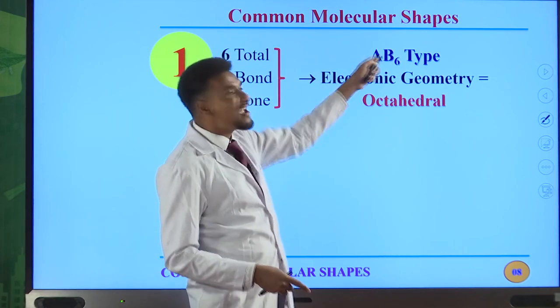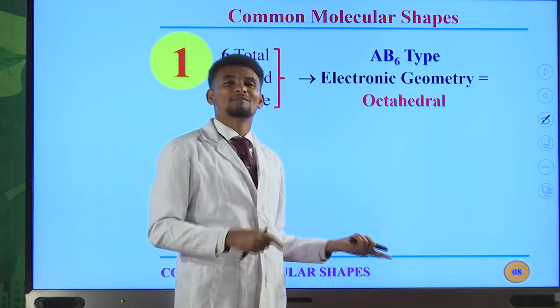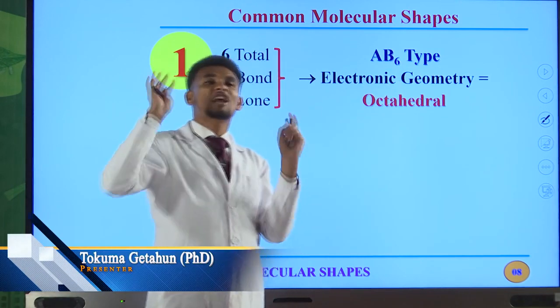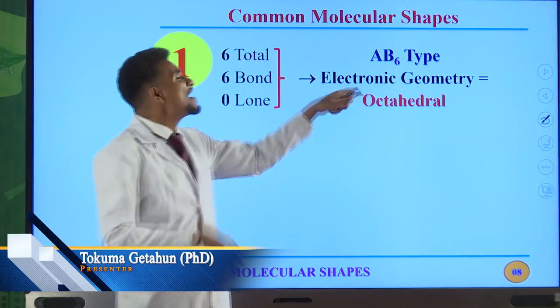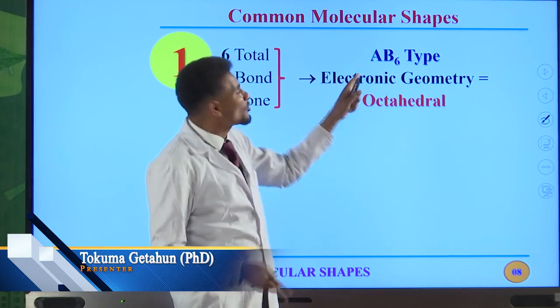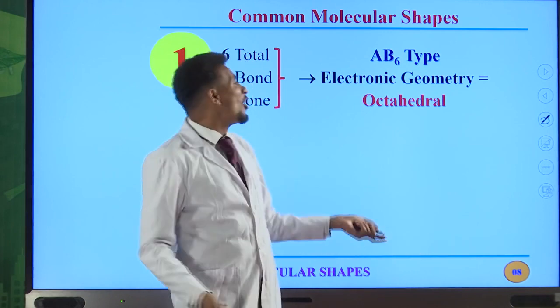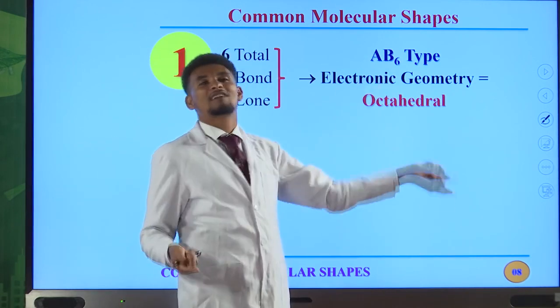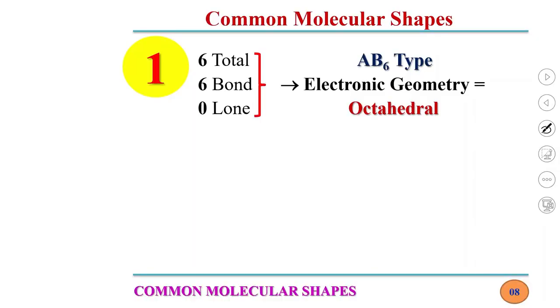A is the central atom, and the 6 indicates the number of terminal B atoms. In this case, we have no lone pair of electrons. So molecules of AB6 type are named octahedral. Their electronic geometry is octahedral, and their molecular shape is also octahedral.